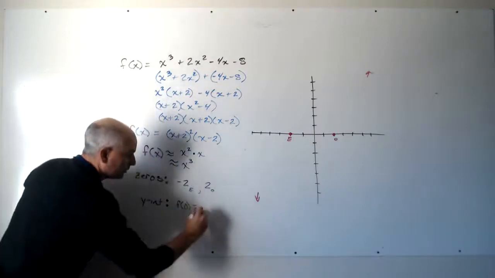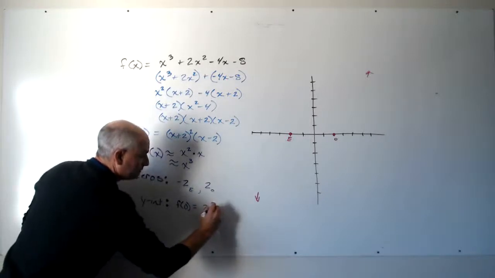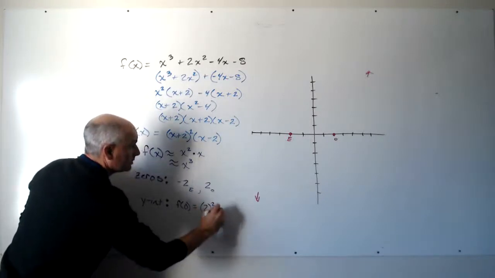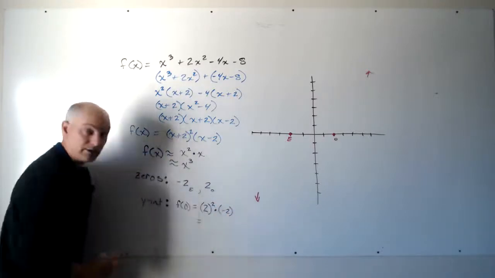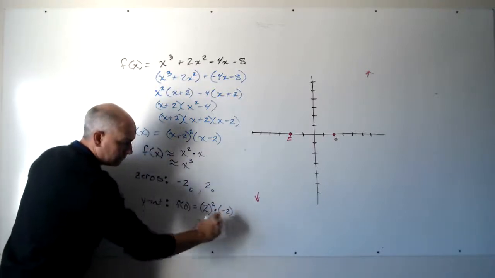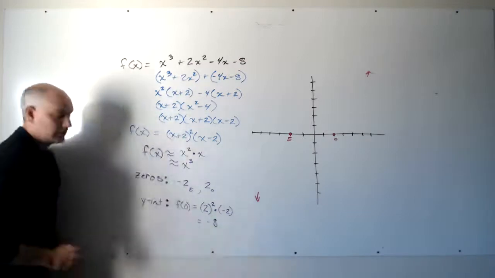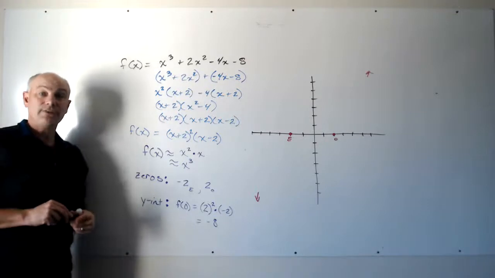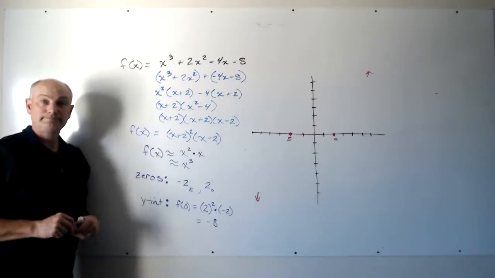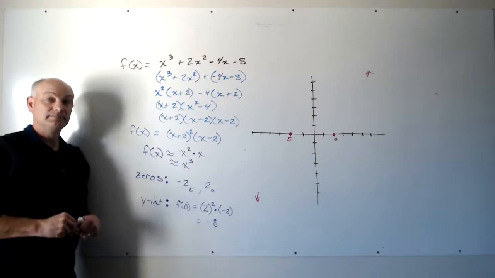So we could argue 2 squared times -2. And we can go ahead and calculate 4 times -2 is -8. Look back at your original unfactored function. Do you notice there's a -8?